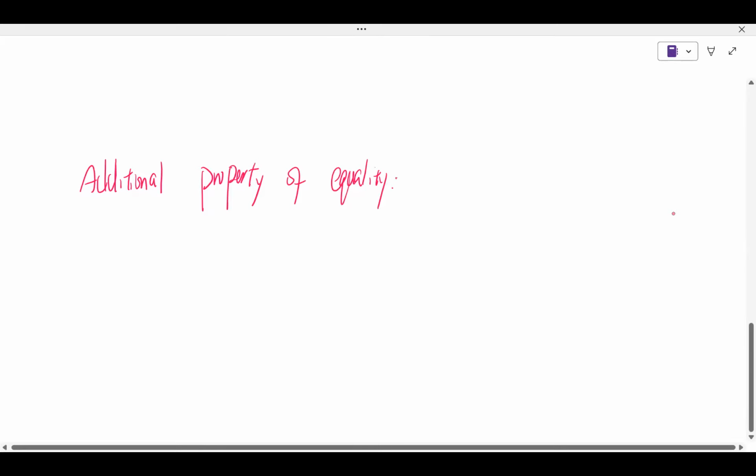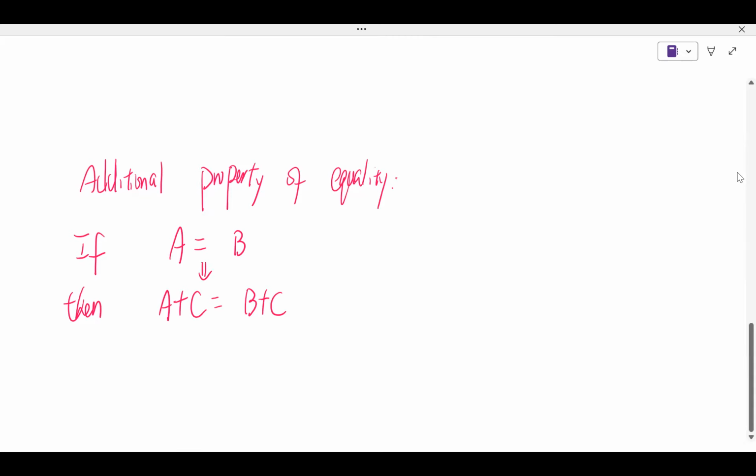Basically, let's say we have the equation A equals B. If you add C on both sides of the equation, then we still end up with an equation. Although it's a different equation, we still have an equation. Meaning adding the same number to both sides of the equation will not change the equation.